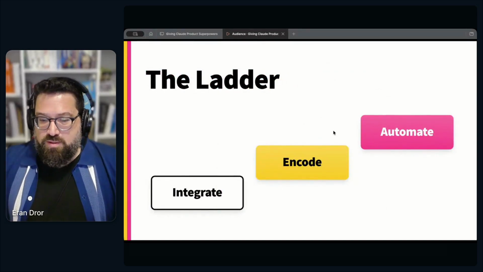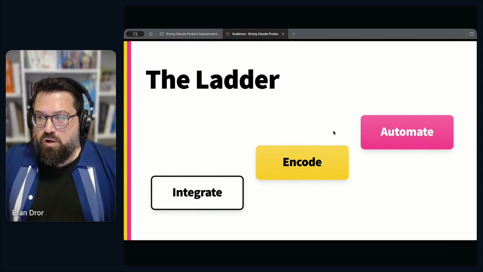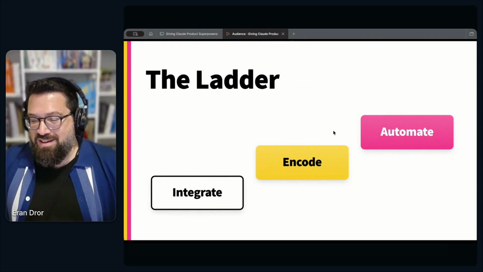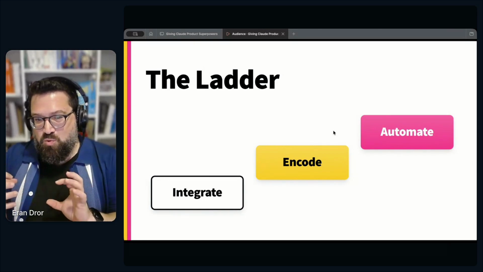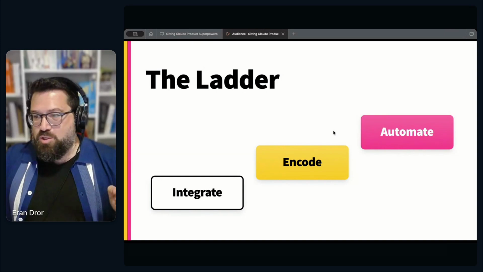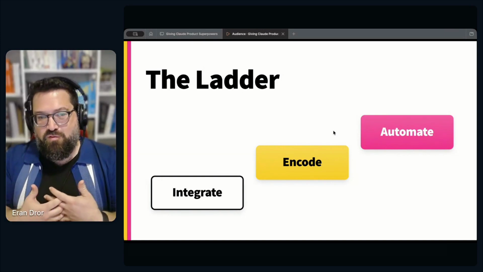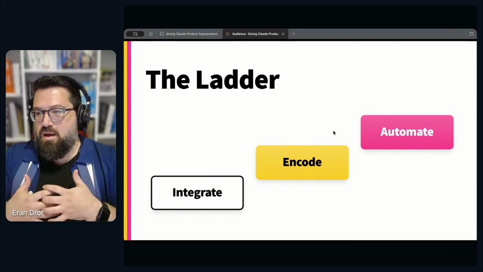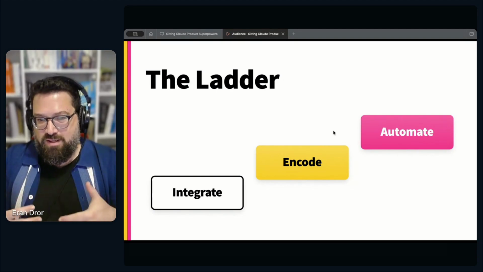And what we see with the teams that we talked to about this is that they go on this ladder, right? The first step is you integrate all of your tools into Claude, just connecting all of these connectors, right? If you have a ticketing system, if you have a source of data, if you have a platform that records calls, you can integrate it.